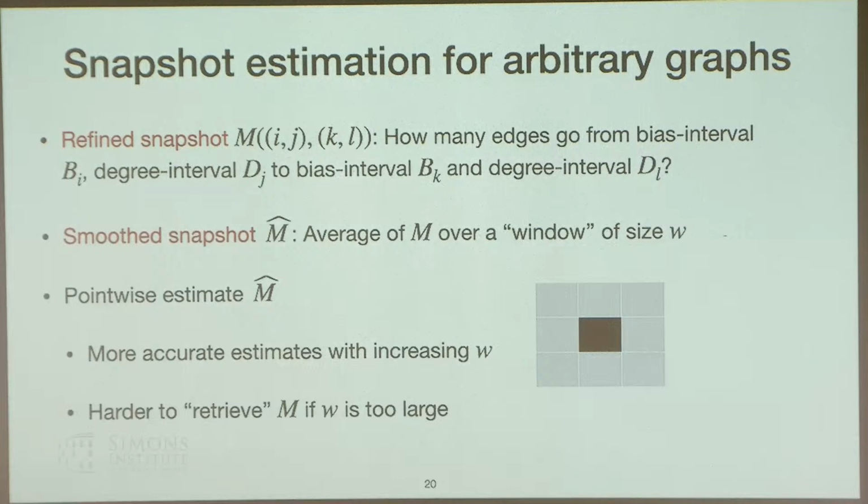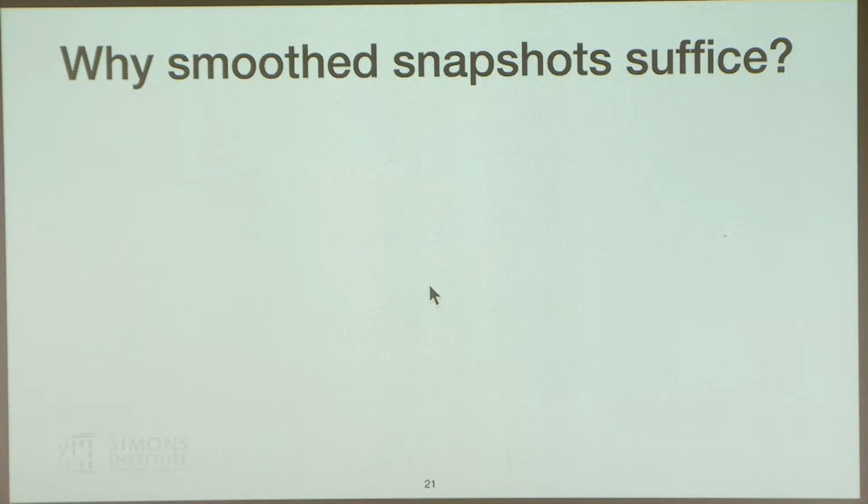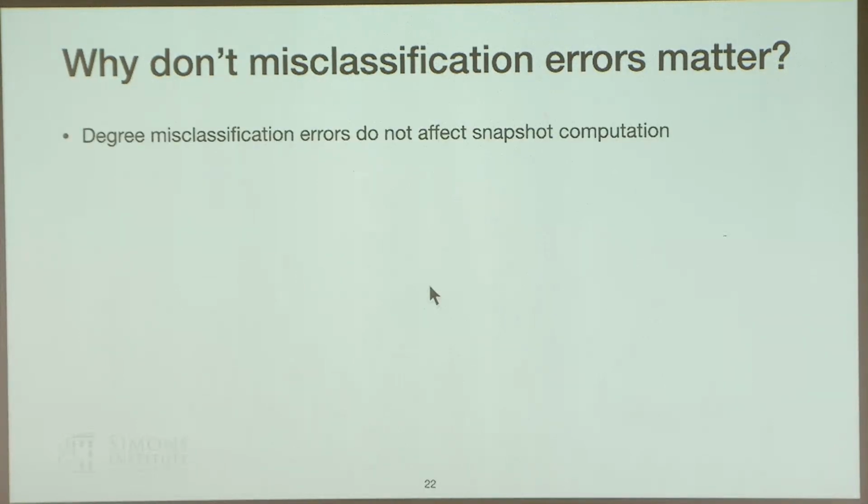But the caveat is that it's not going to give you enough information to figure out what your original snapshot was, because this is still our goal. We know that we can't compute it accurately, but we still want to retrieve it somehow. So we need to balance between larger windows versus smaller windows. Okay, so that's the point I want to make now. So why don't these misclassification errors matter?